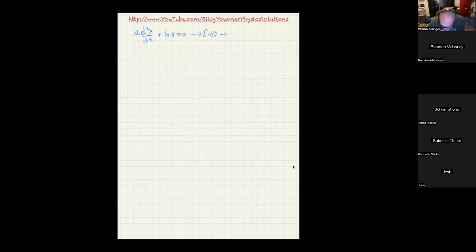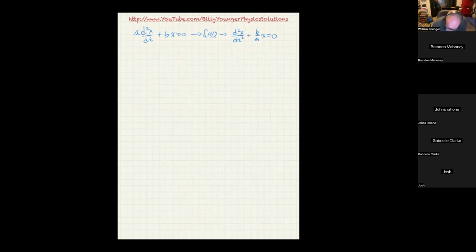What we normally do, though, and I'm going to show it with the actual normal variables instead of a, b, and c, is we have d2x over dt squared plus, in this case, k over m x is equal to 0. So basically the rule is if you see a second order derivative plus a constant times a 0th derivative, in other words, the function itself equals 0, then you know it's a simple harmonic oscillator.